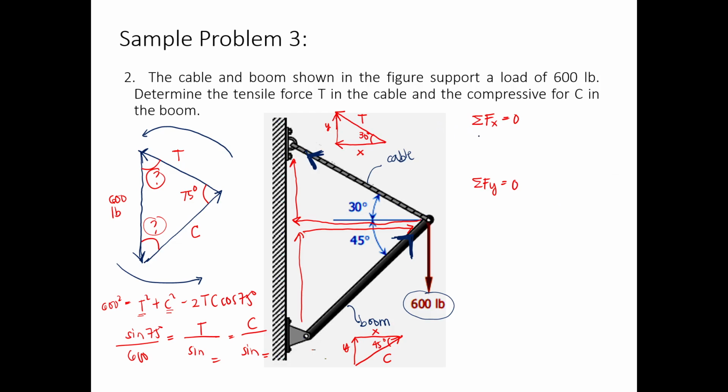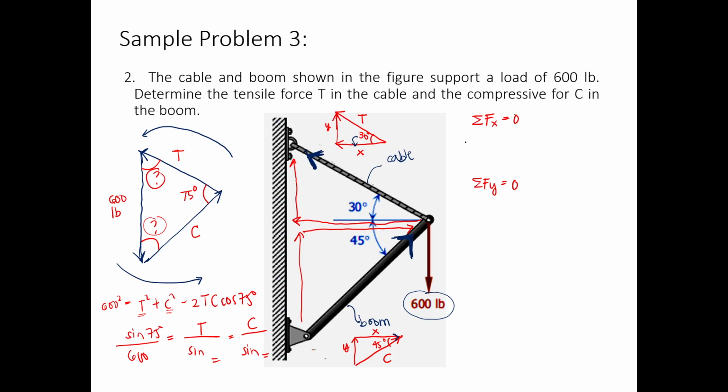So we can now solve it using basic concepts. The horizontal aspect is adjacent to the 30 degrees, so that's t cosine 30 degrees. Let's start with the positive value: this one is positive because it's going to the right.